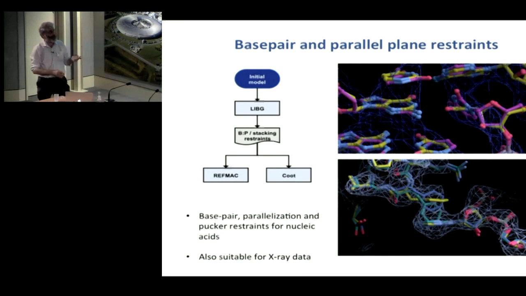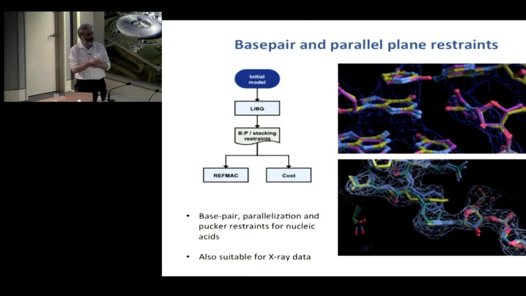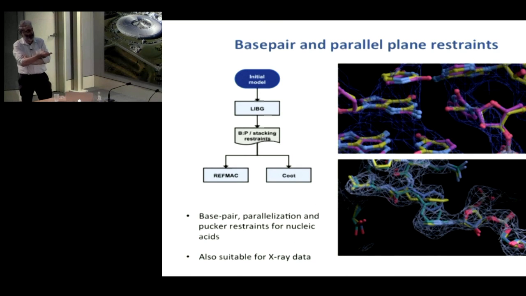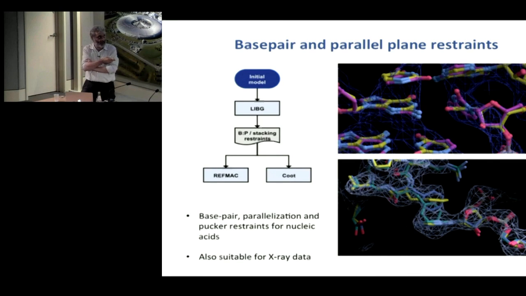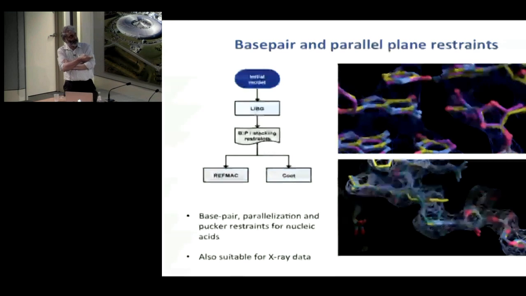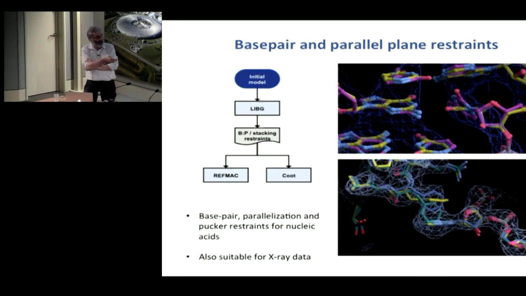Another tool. The tools I described so far are mostly for all structures, for proteins as well as nucleic acids, and here there are a few more tools that are specifically designed for nucleic acids. These tools are basepair restraints and parallel plane restraints.